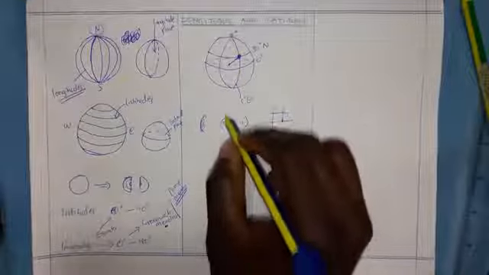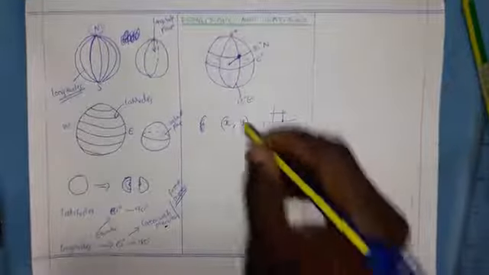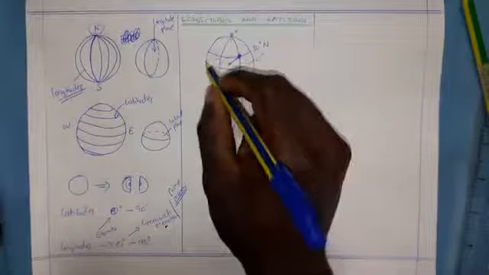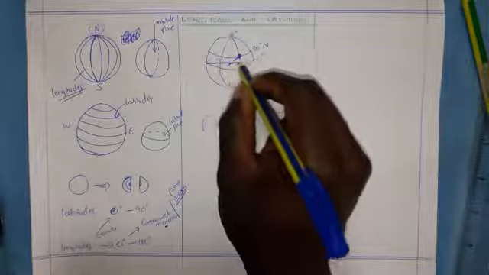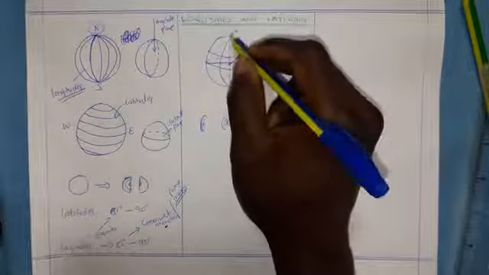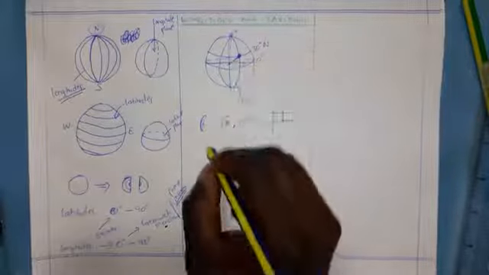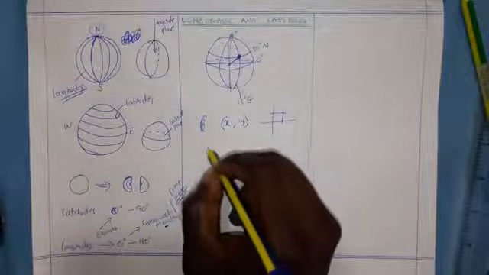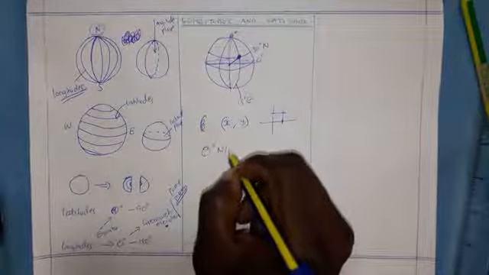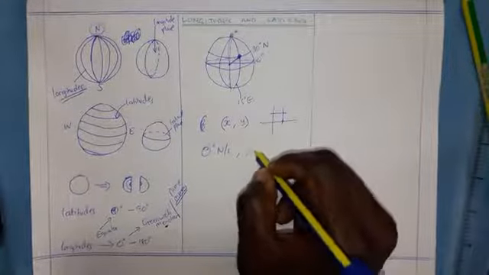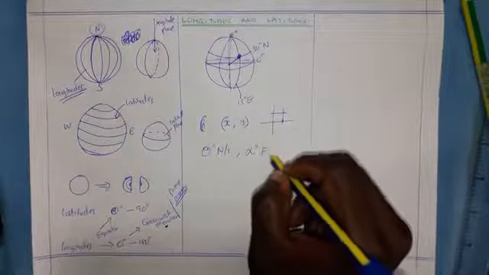So basically the same analogy is also used. It will be the x coordinate and the y coordinate. The y coordinates will be the longitudes, and the x coordinates the latitudes. So I'll begin with, for example, theta degrees to the north or to the south, and then alpha degrees to the east or to the west.